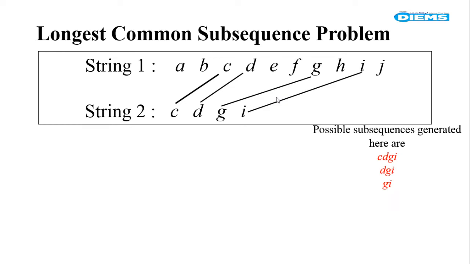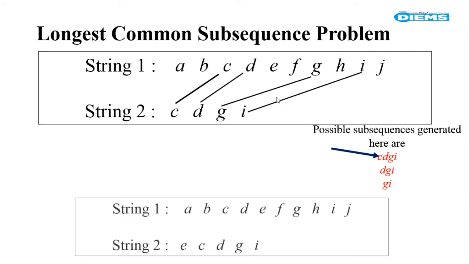The possible subsequences generated here can be C, D, G, I, or D, G, I, or G, I also, but we will choose the longest one. We will choose CDGI because it has the longest length of characters present in that particular string. So that's what is called the longest common subsequence problem.